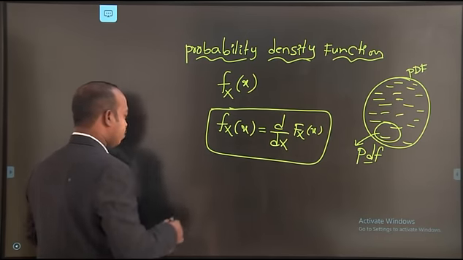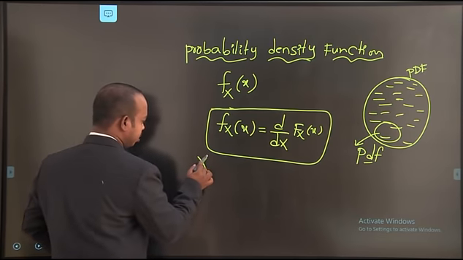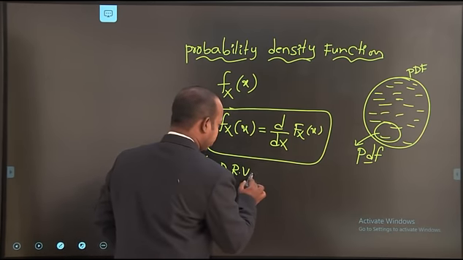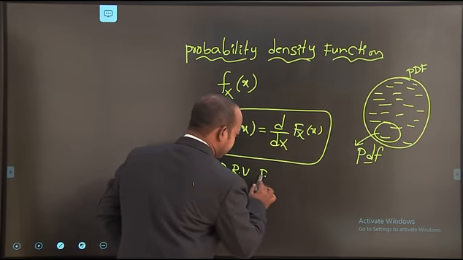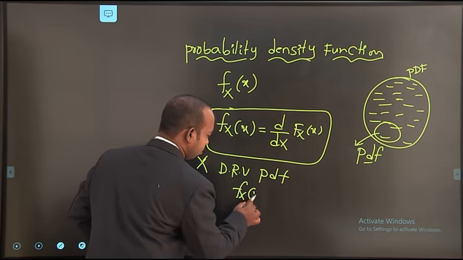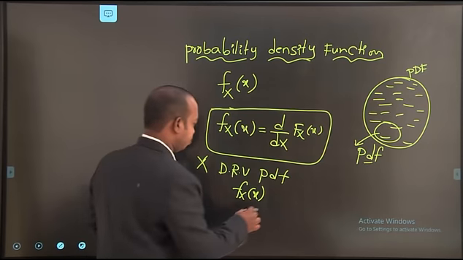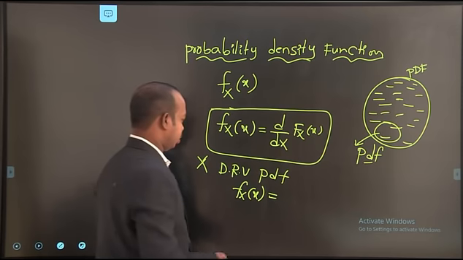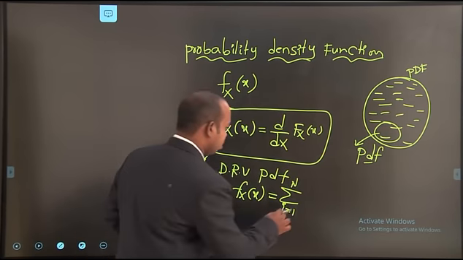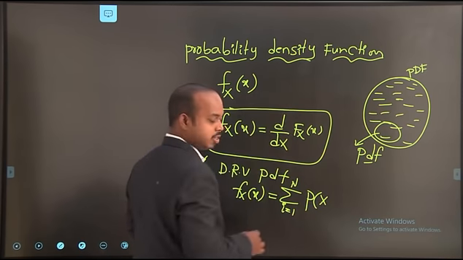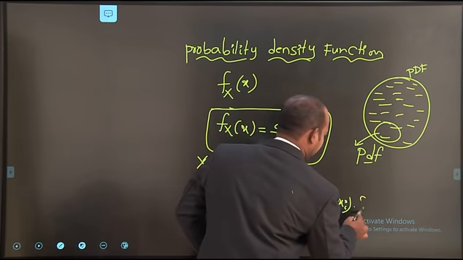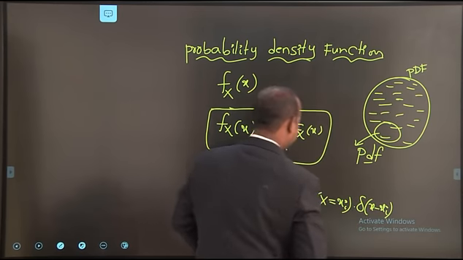Now, when the random variable capital X is a discrete random variable, we can represent the probability density function as f_X(x) equals, in summation notation, the sum from i equals 1 to n of the probability that X is equal to x_i, into del of x minus x_i.